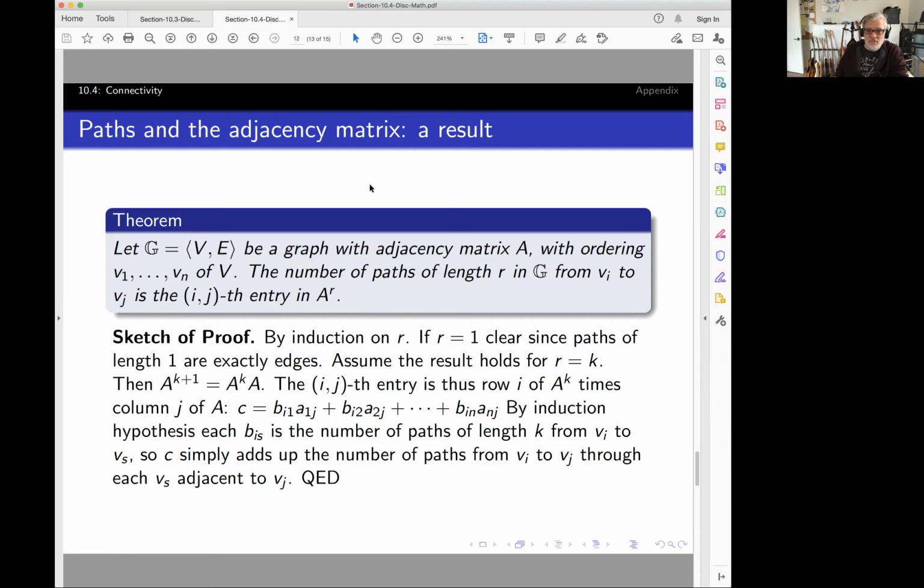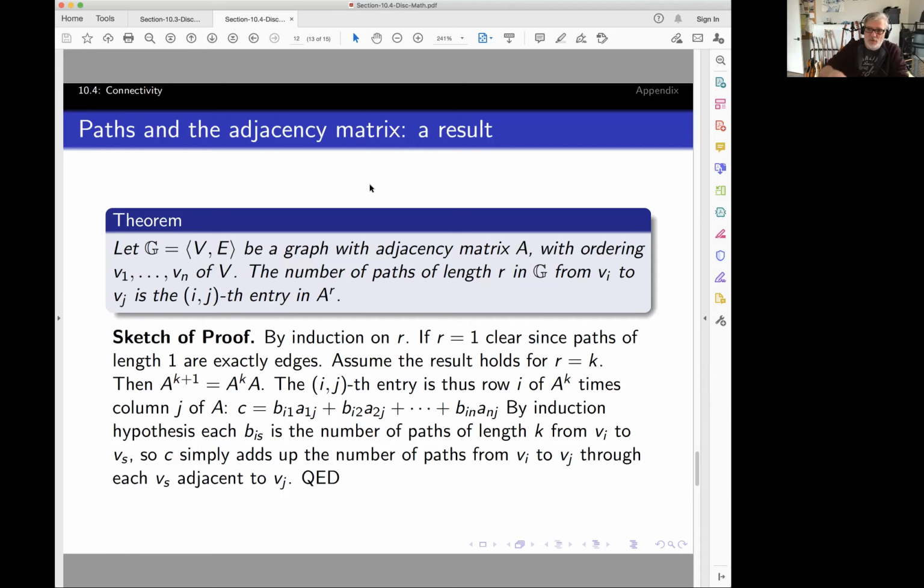Take the adjacency matrix and compute its rth power. So if you want paths of length 5, you compute the power 5. To know how many paths of length 5 there are from Vi to Vj, look at the entry (Vi, Vj), and that's the number of paths you're looking for.